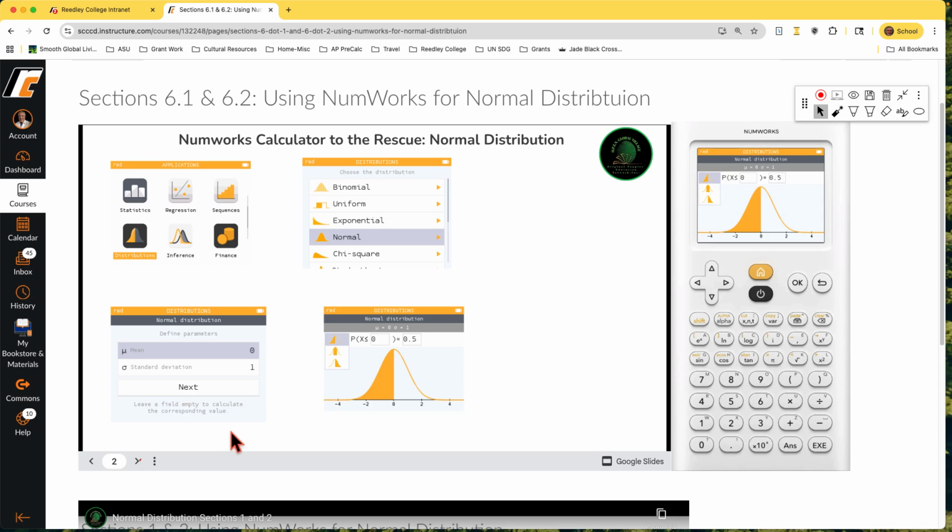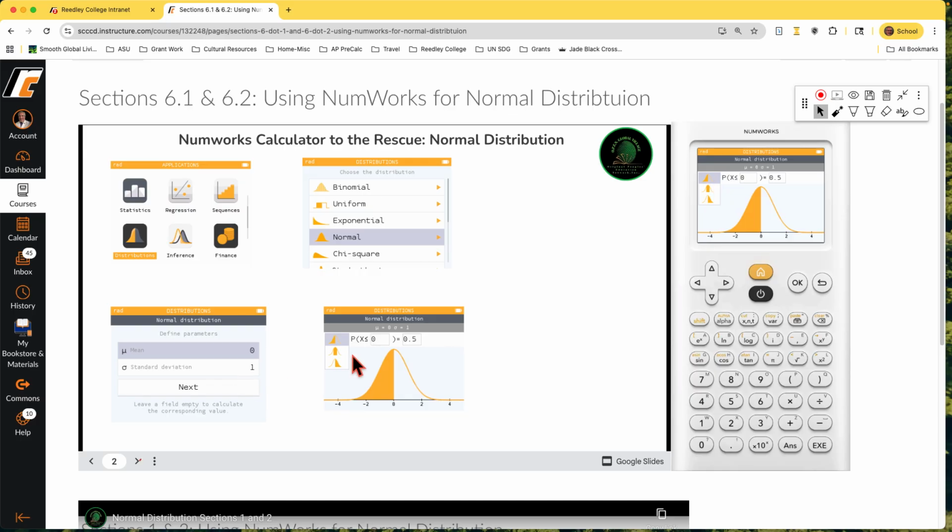But we will get used to it: we have either below a value, between 2 values, or greater than a value. And all you have to do is look at the question and see which one they are asking for. We put that value in, and remember that's going to be a standard deviation, either above or below the mean.